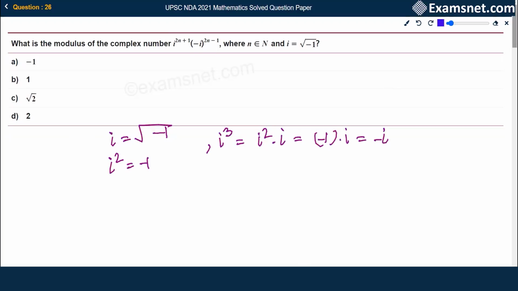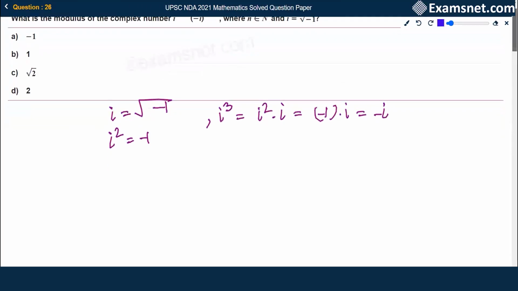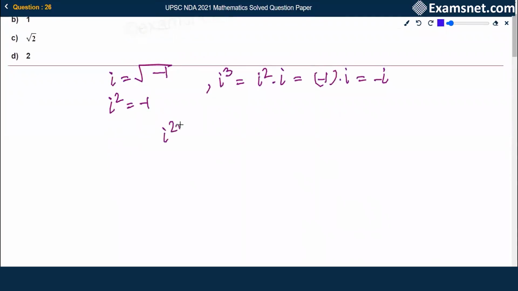Now what expression are we given here? i to the power 2n plus 1 multiplied by minus i to the power 2n minus 1, correct? So let me simplify it.